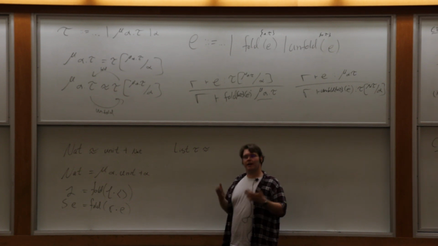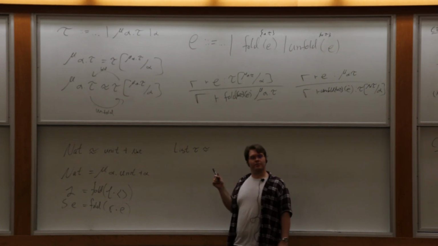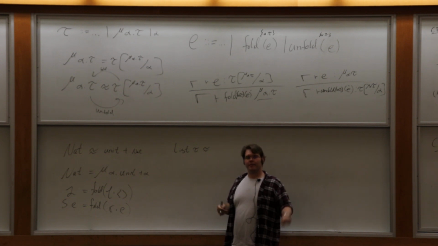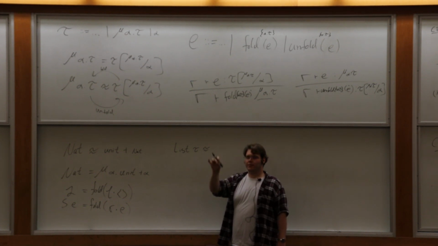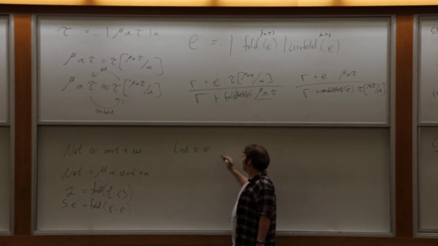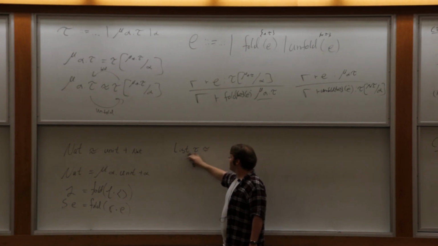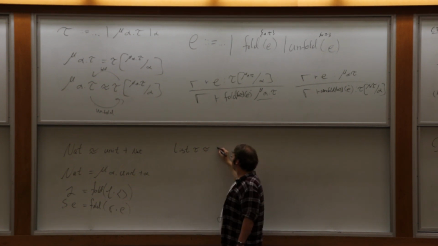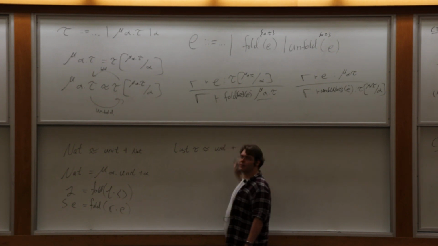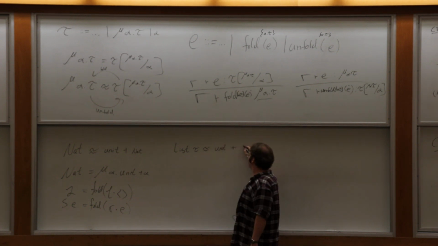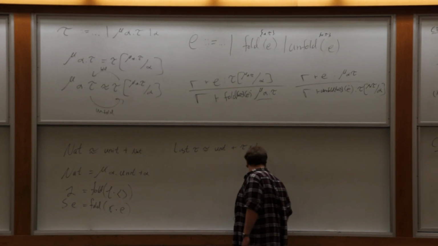That's the common way of representing lists in functional programming languages: the empty case or the first element and then the rest. And you would write that as a list is isomorphic to either a unit, which is the case for an empty list, or a pair of a tau and another list.